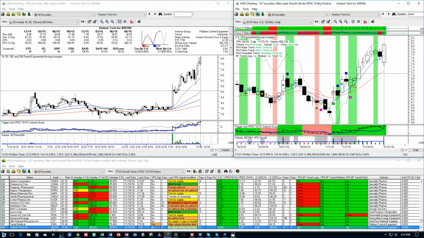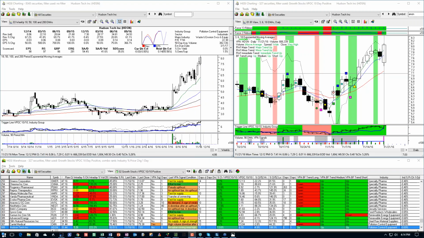It tried to move back here. Notice how the moving average is tightened up here, and then it finally broke out on extremely heavy volume. Now the volume numbers are not all that great on this stock either. 382,000 shares. Now back here on a daily chart, I doubt if it was even 100,000 shares.